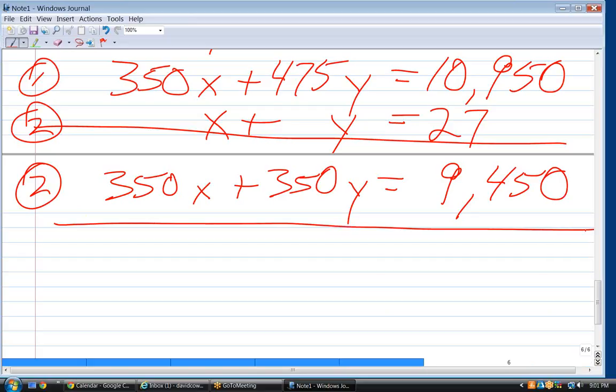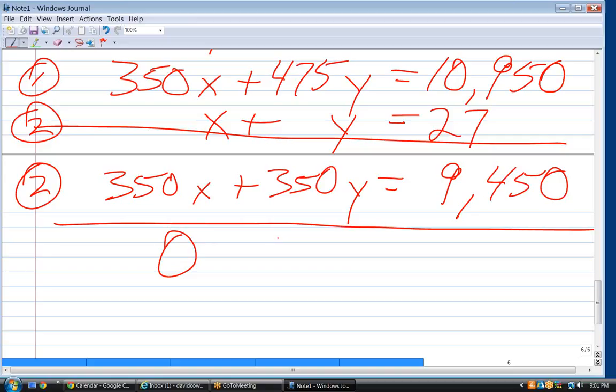Okay. Now what? Would you subtract 350x and 350y? Yeah, that gives you 0 there. Okay, so then you would just do, how many y do we have?